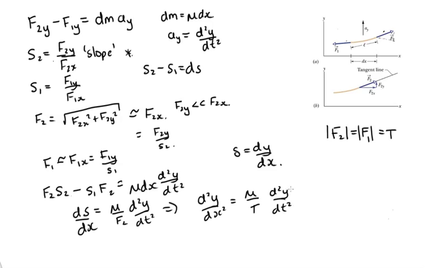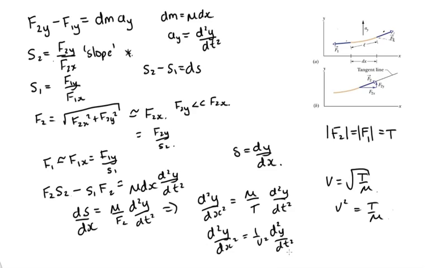Now previously we've shown that the velocity is equal to the square root of tension over mu, so v squared is equal to T on mu, and we can replace mu on T with 1 on v squared. So d squared y dx squared is equal to 1 on v squared times d squared y dt squared. And that is how we derive the wave equation.